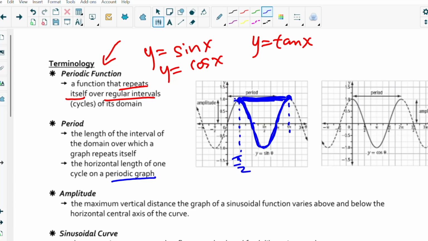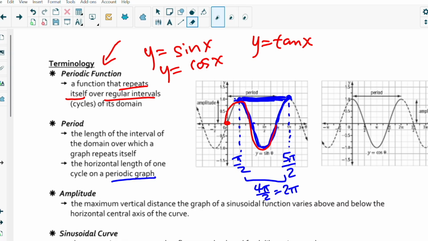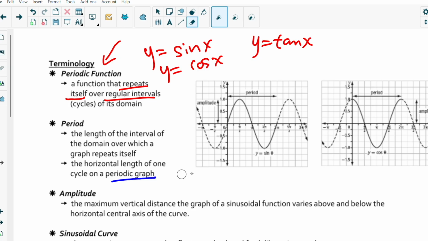This is pi over 2, and that is 5 pi over 2, so the distance between them is 4 pi over 2, which is 2 pi, the same period as before. So you can measure period in a number of different ways. That's the period of the graph.